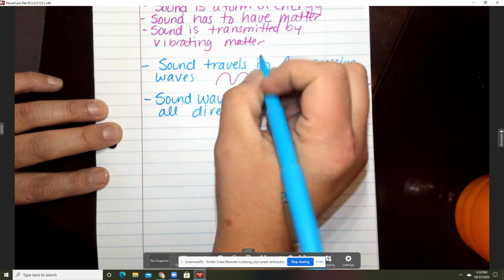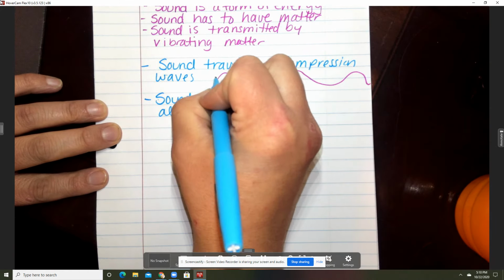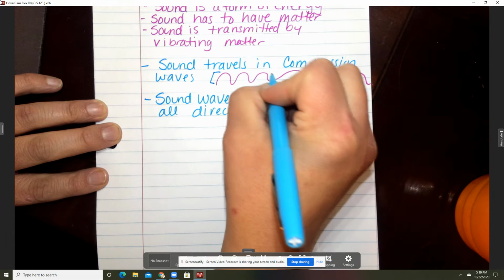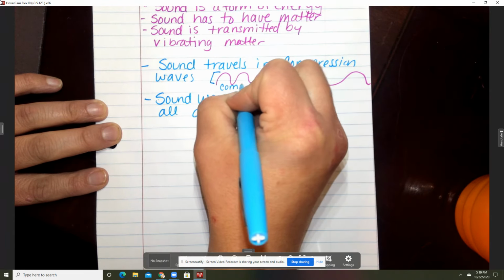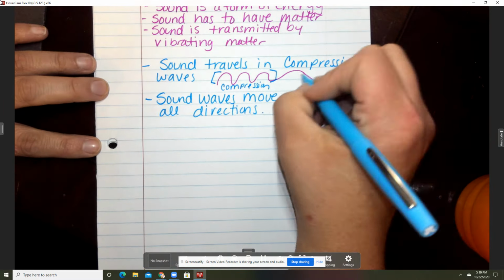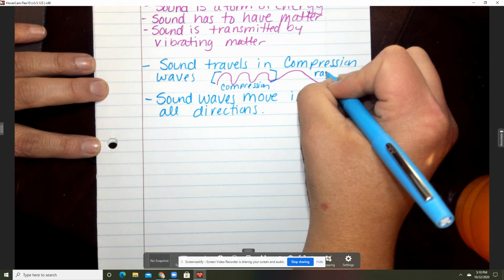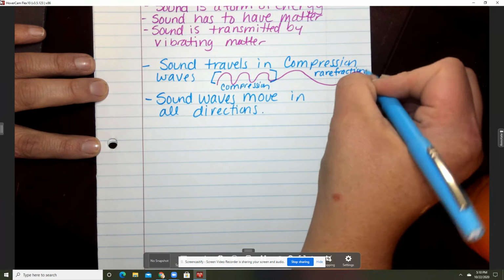All right, so this is called compression. This is when they bunch up. And then when they let loose, it's called refraction.